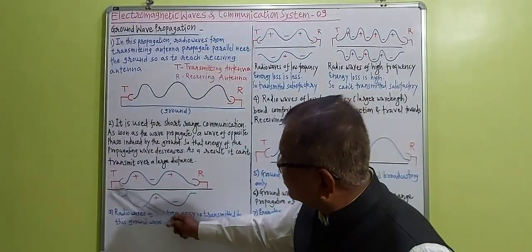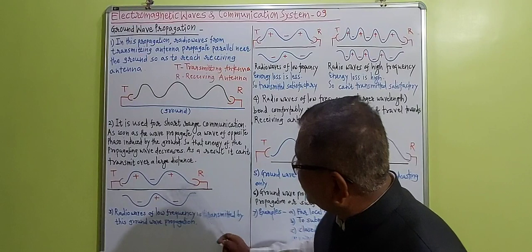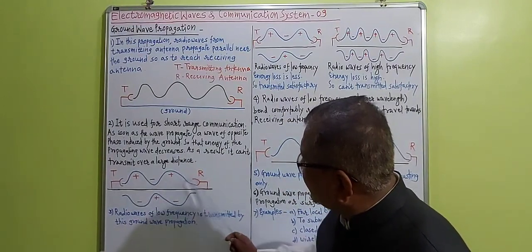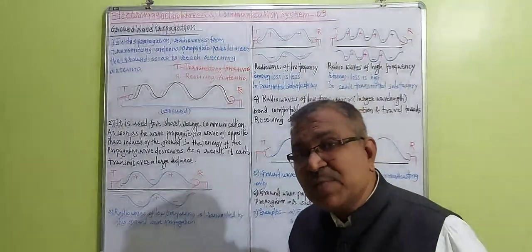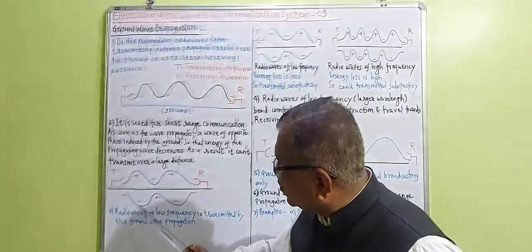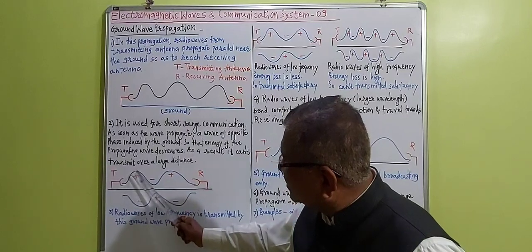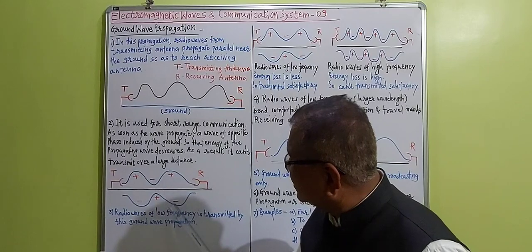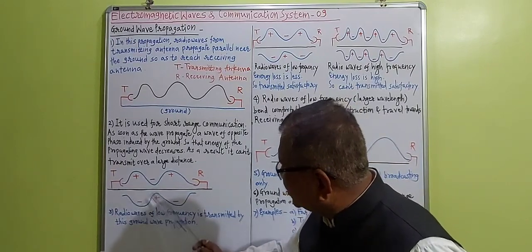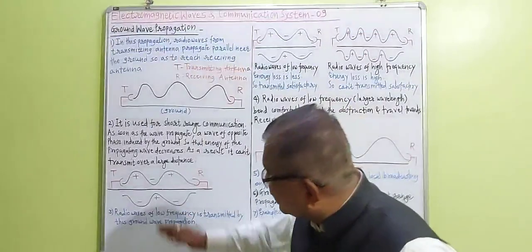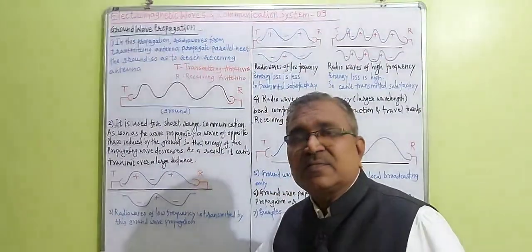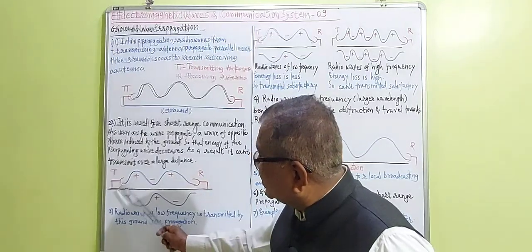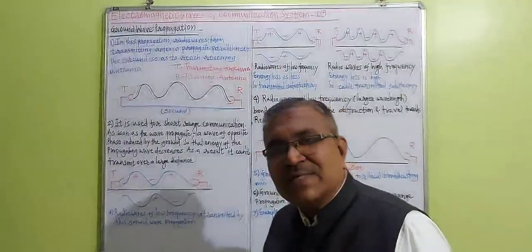See here, this radio wave is propagating near the ground like this, towards the receiving antenna. Simultaneously, a wave of opposite phase: crest here is trough, trough here is crest. So a wave of opposite phase is induced by the ground during the propagation of this wave of low frequency.